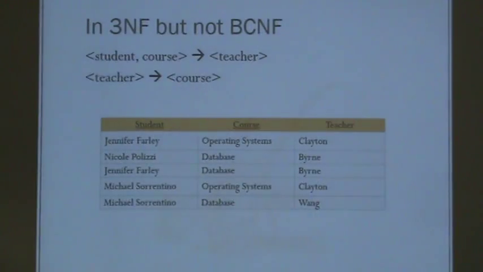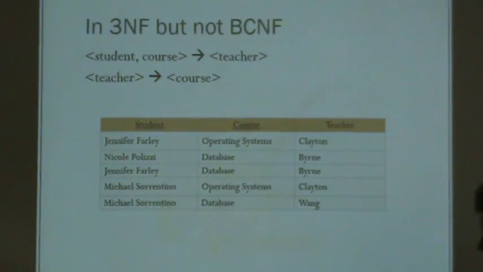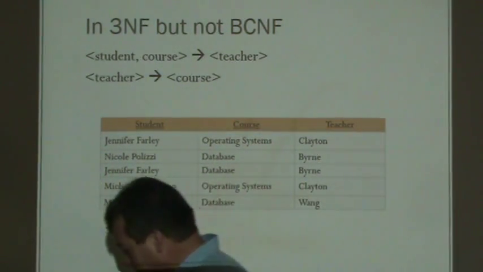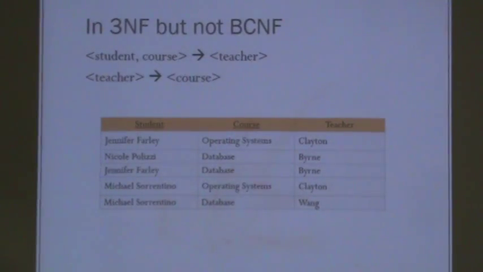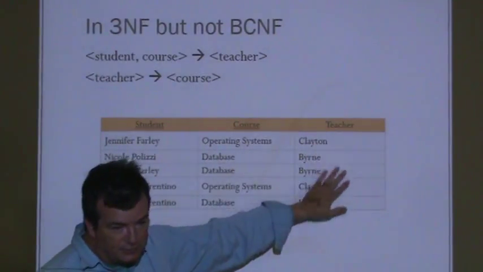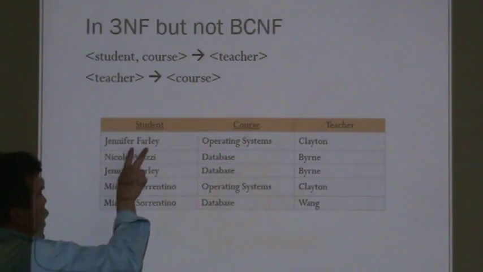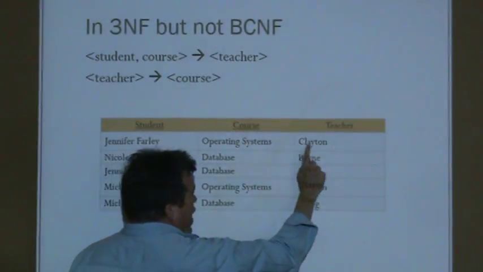So, for example, suppose we had a collection of students taking courses, and then the student taking that course has a certain teacher for the course. So, Jennifer Farley taking operating systems has the teacher Clayton.